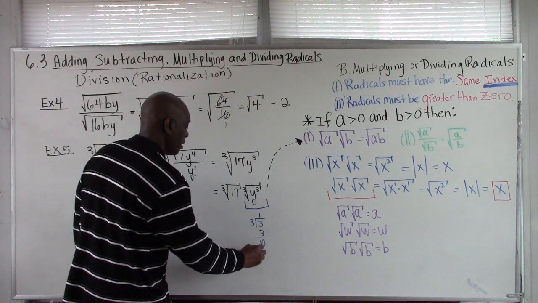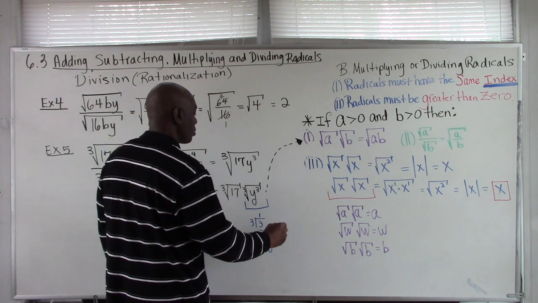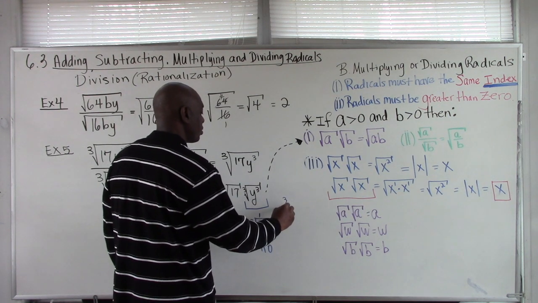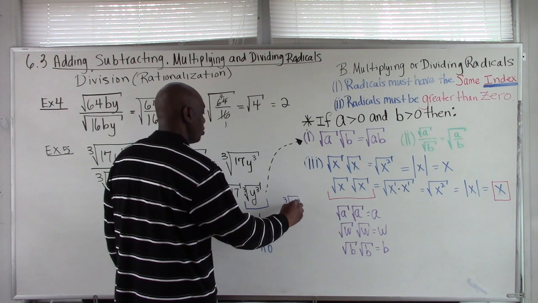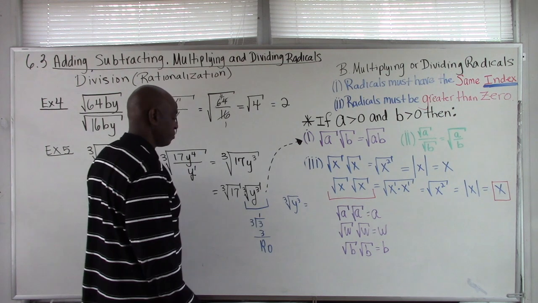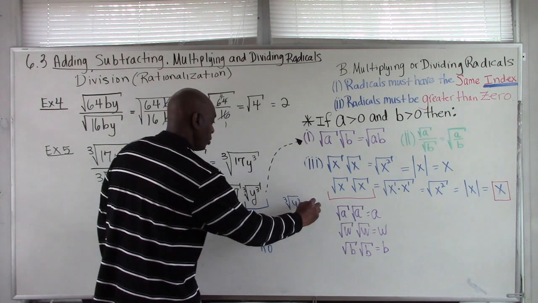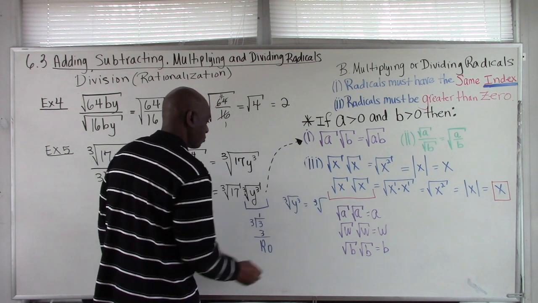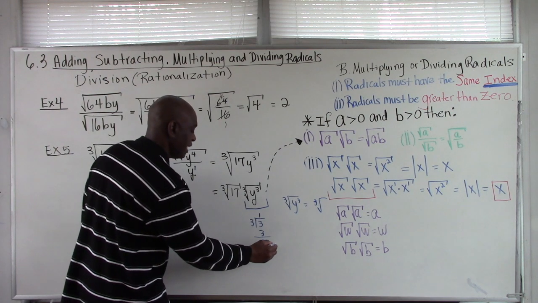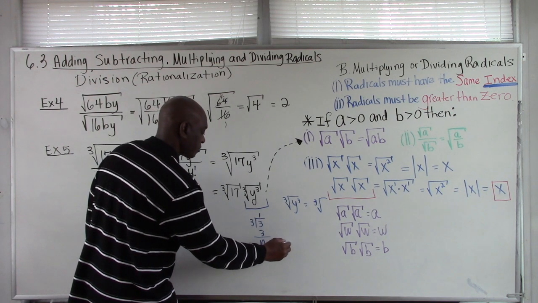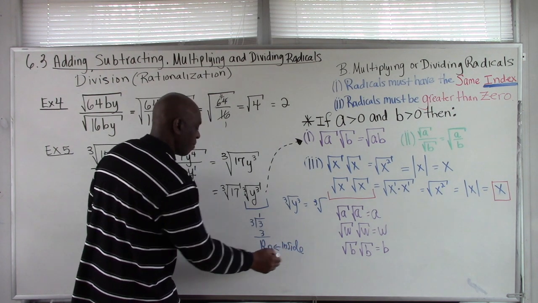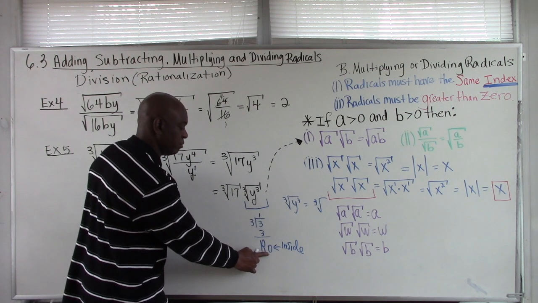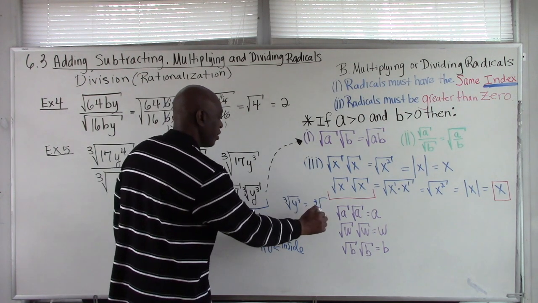3, remainder is 0. So then the cube root of y cubed equals the cube root of, how many y's remain inside? How many y's are inside? 0. So there are no y's in here at all.